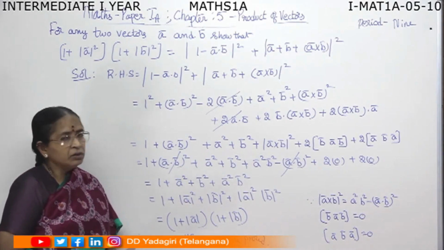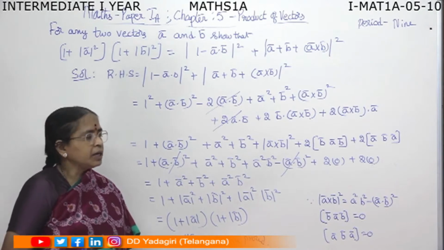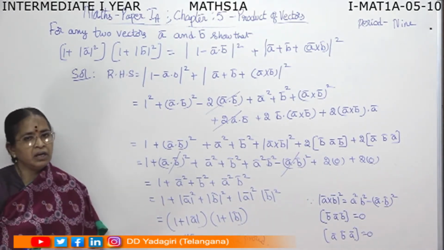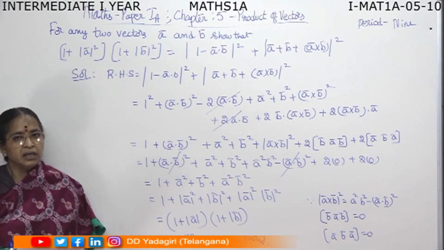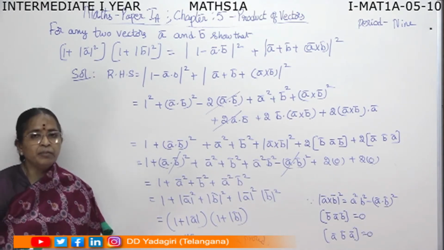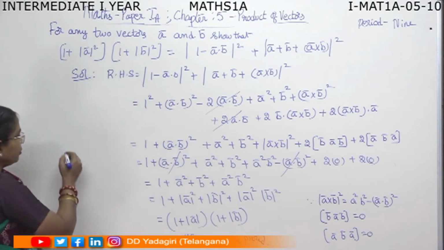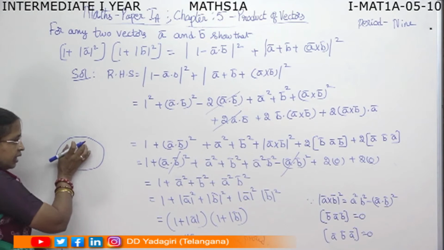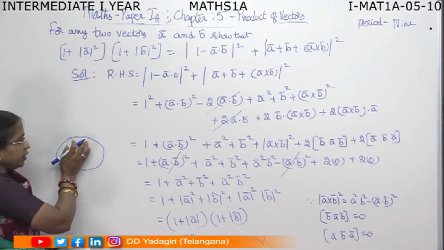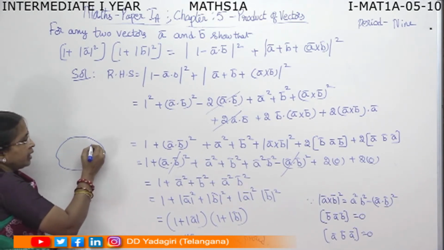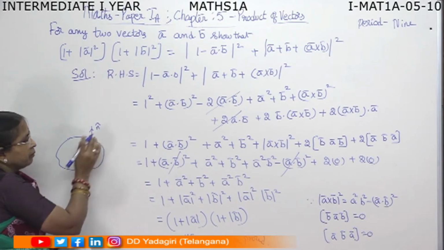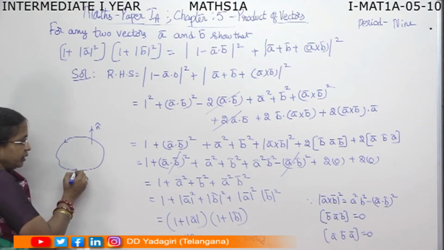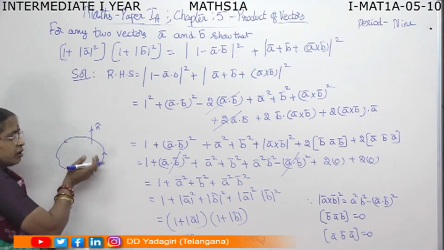Now you take down the homework. You can try these homework problems, and after that we still have vector areas, vector areas of plane regions. When you have any plane closed region like this, it will have some magnitude of area, and n cap is the unit vector perpendicular to the plane containing this, and the rotation should be in the clockwise direction, as a clock moves like this.